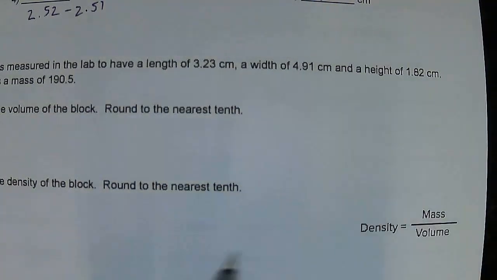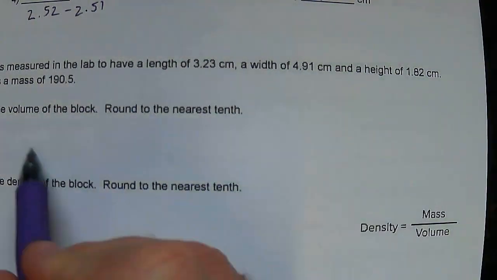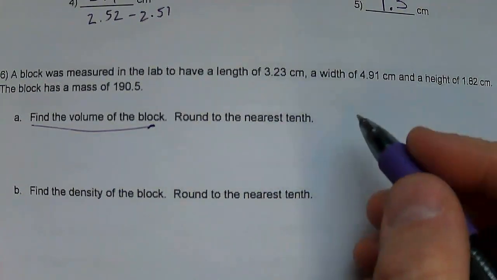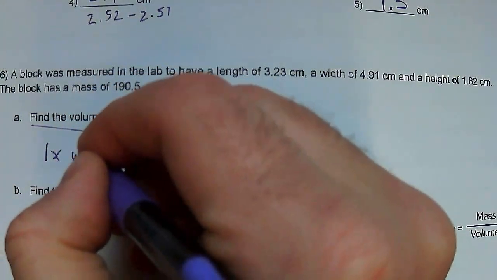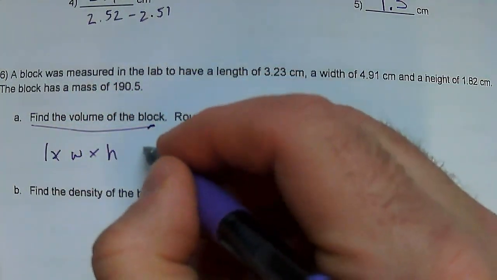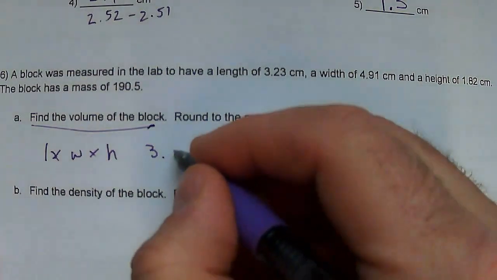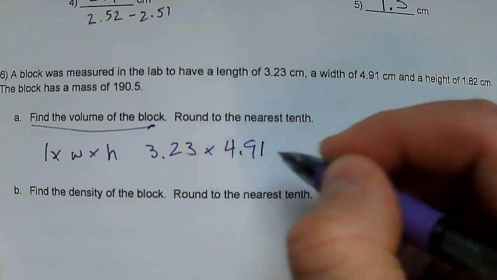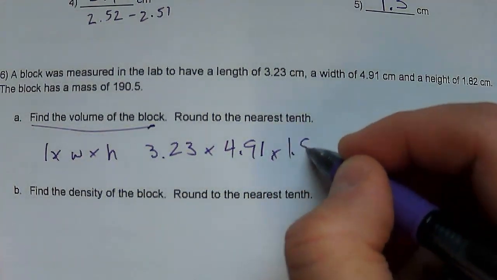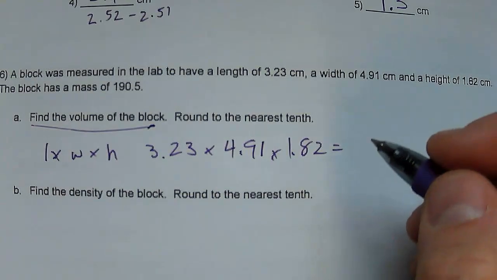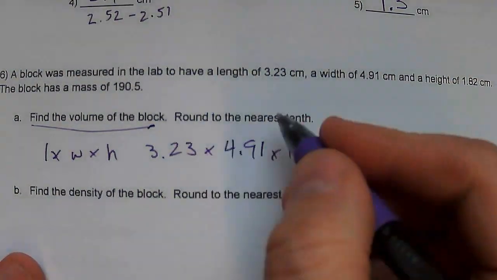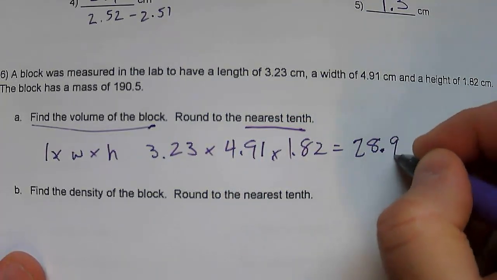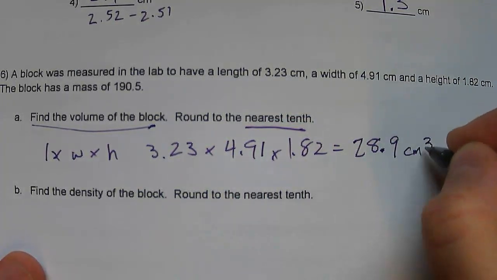We want to find the volume in part A. So we have to do length times width times height: 3.23 times 4.91 times 1.82, and we will come up with an answer. When I round it to the nearest tenth, I get 28.9, and that's centimeters cubed.